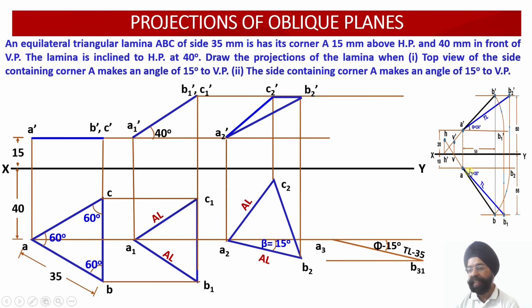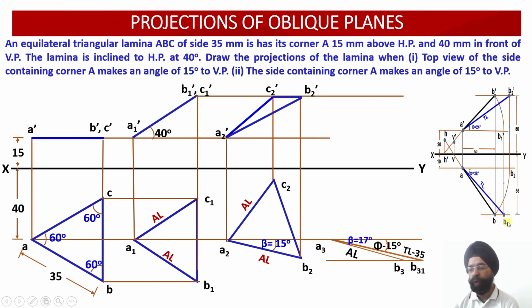So between the same locus lines, my true length and my apparent length will be lying. So since I know my apparent length, I have been able to transfer this apparent length over here. So having transferred this apparent length, I am going to mark this point as point B3. So if this is A3, this is B3.